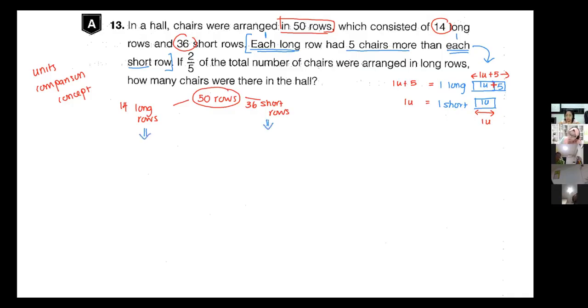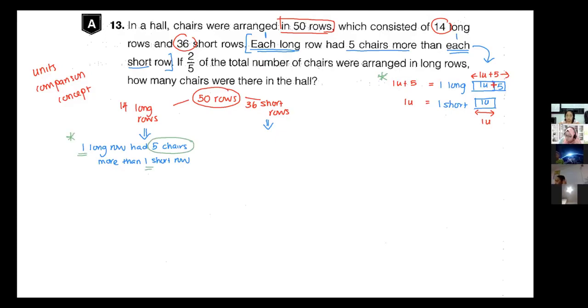So the long rows here, they mention that one long row had 5 chairs more than one short row. And we have established from the model just now that we are comparing one long row to one short row. And I know that the long row has 5 chairs more. This is where you can refer to the asterisk.